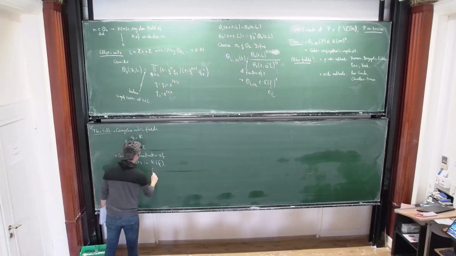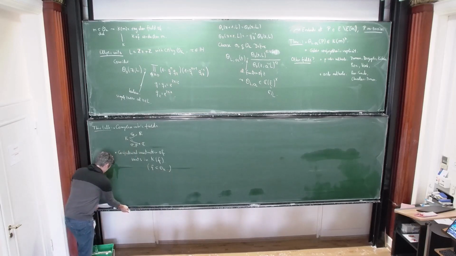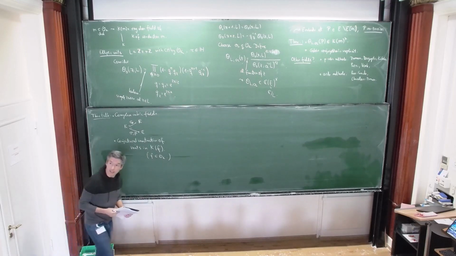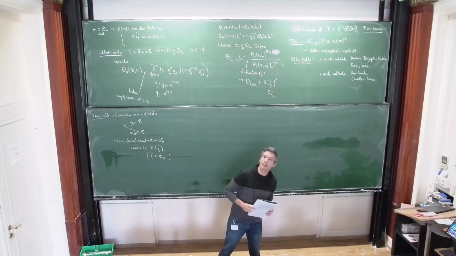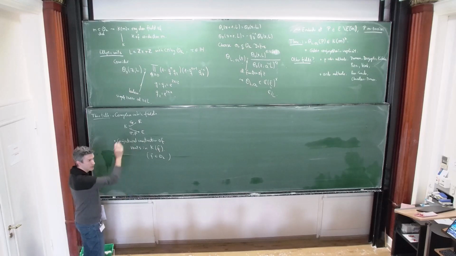So here F is an ideal. And the idea is that these are constructed in a way that's very reminiscent of what I just said about elliptic units.